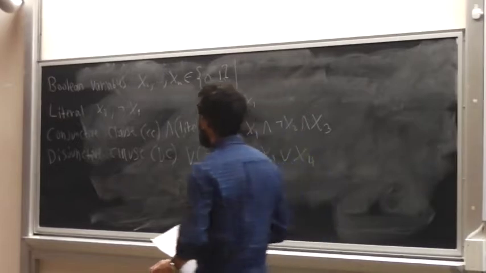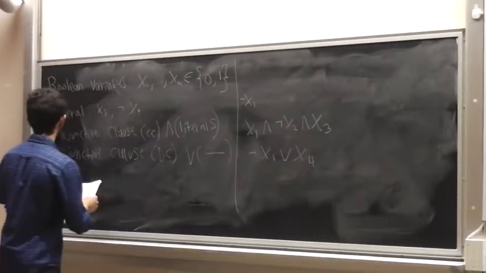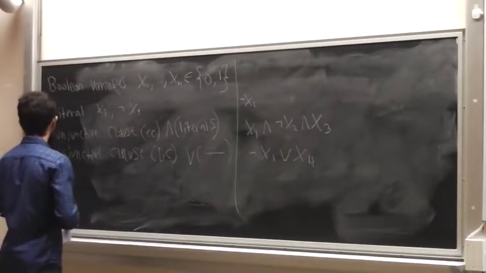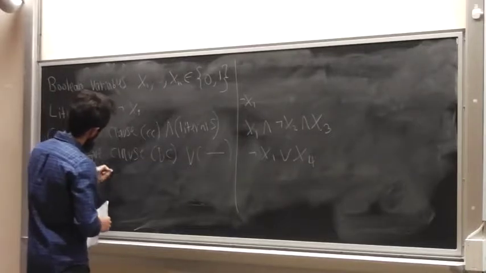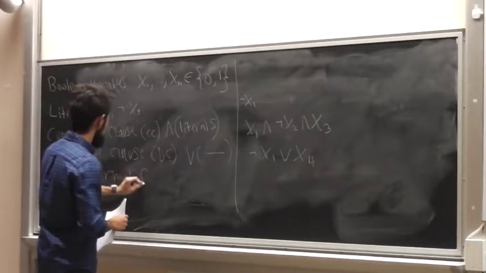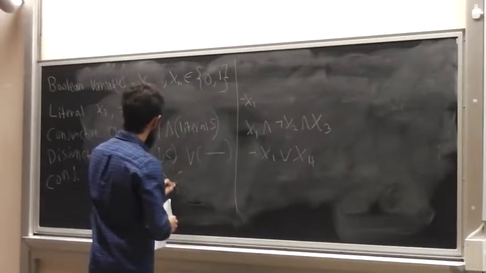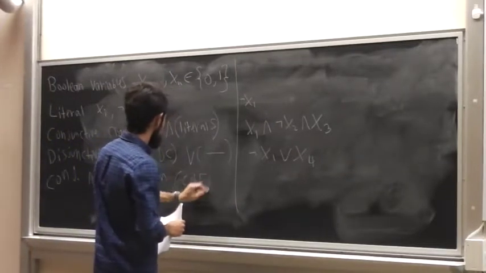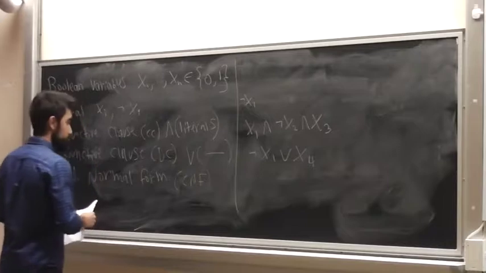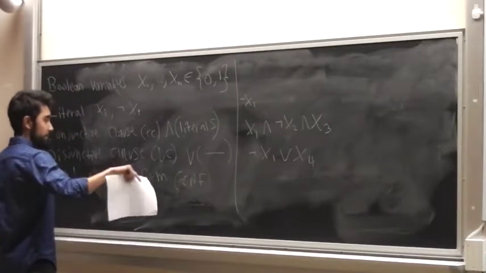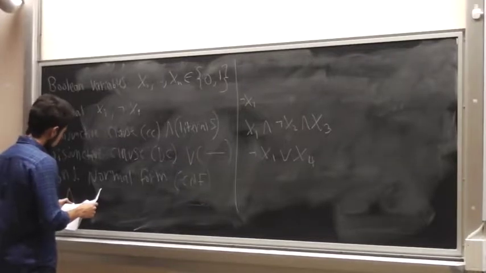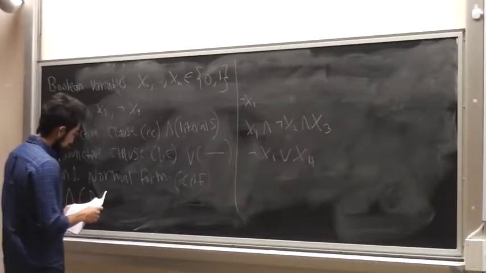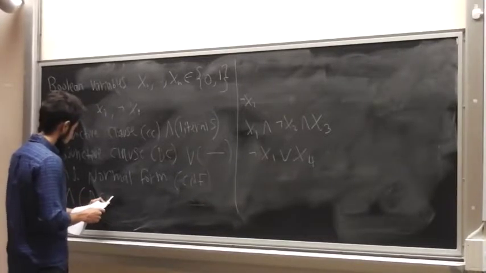And then you can have conjunctive normal form, or CNF. Now this is where it gets a little confusing. That's going to be an and of a bunch of or clauses, an and of a bunch of disjunctive clauses.